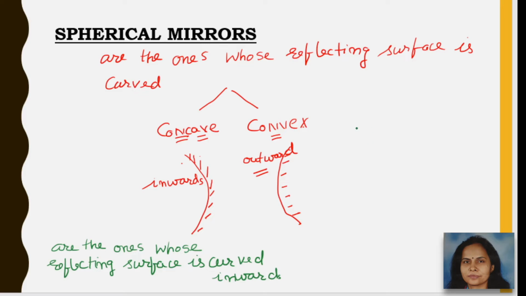Similarly, we can define convex mirror also. Convex mirrors are the ones whose reflecting surface is curved outward.